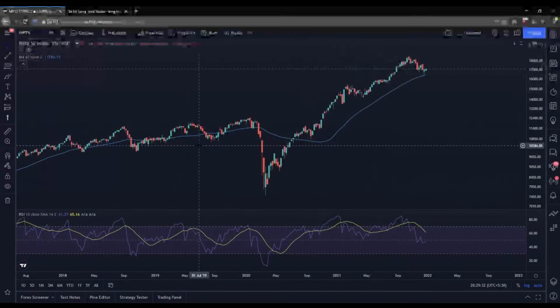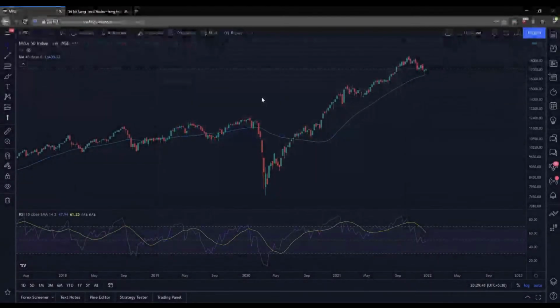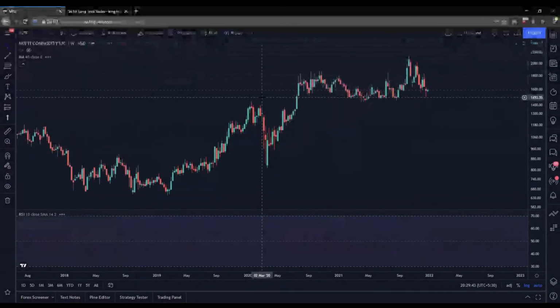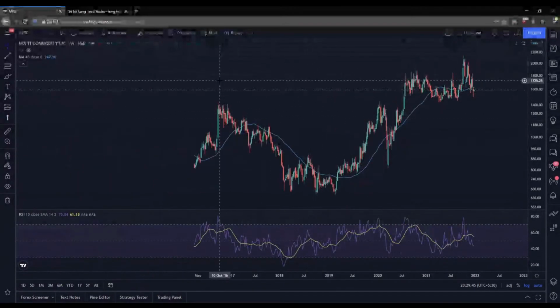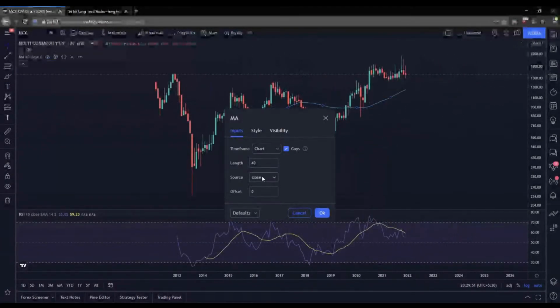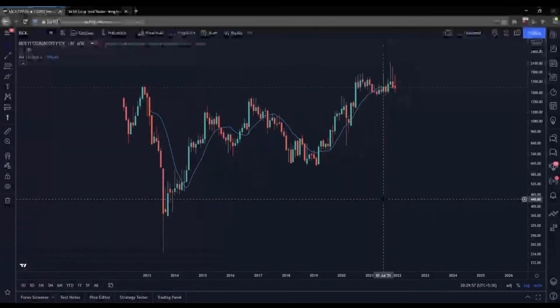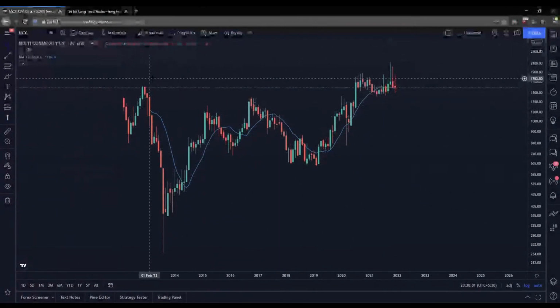And it also depends on the security itself, the asset. If you take an example of MCX, it hasn't done much over the many years.